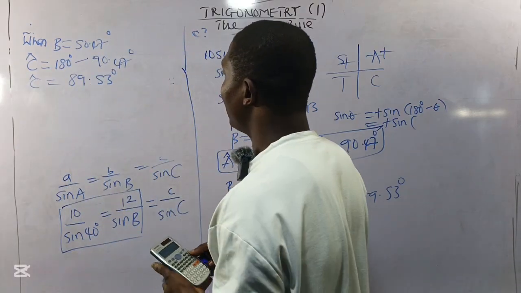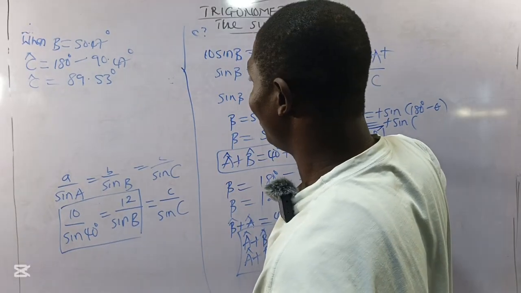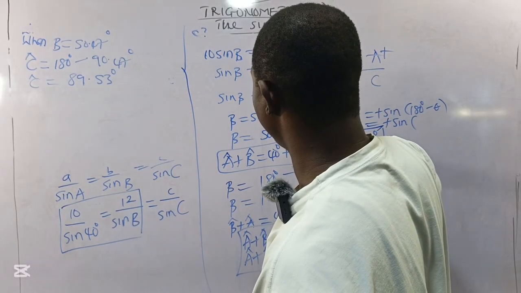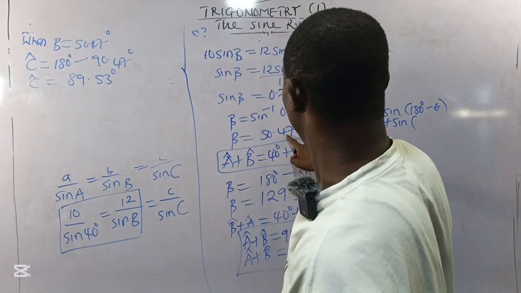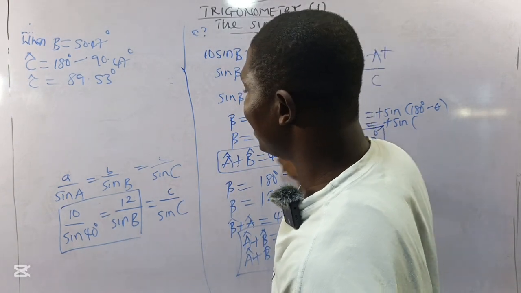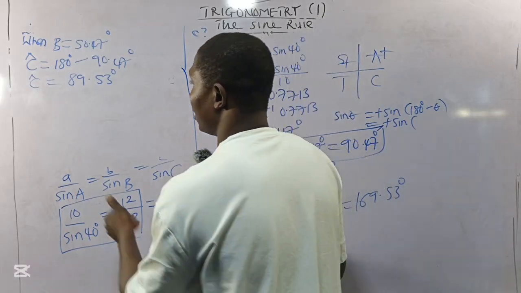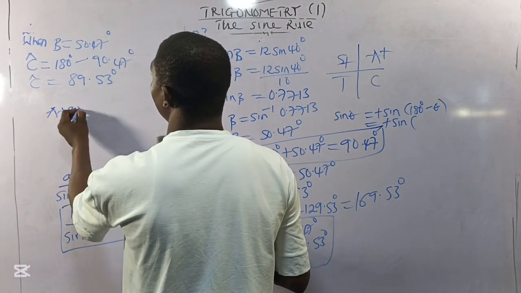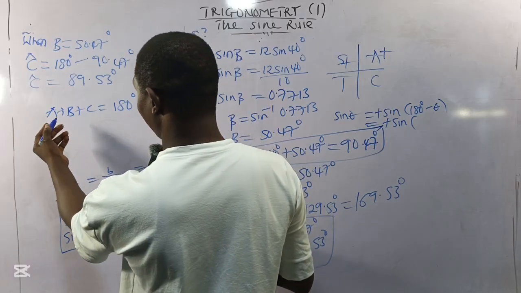Remember, what we did here was to use the value of B to find the value of C when B is 50.47 degrees and A was what? 40 degrees. You can simply say A plus B plus C equals 180 degrees.